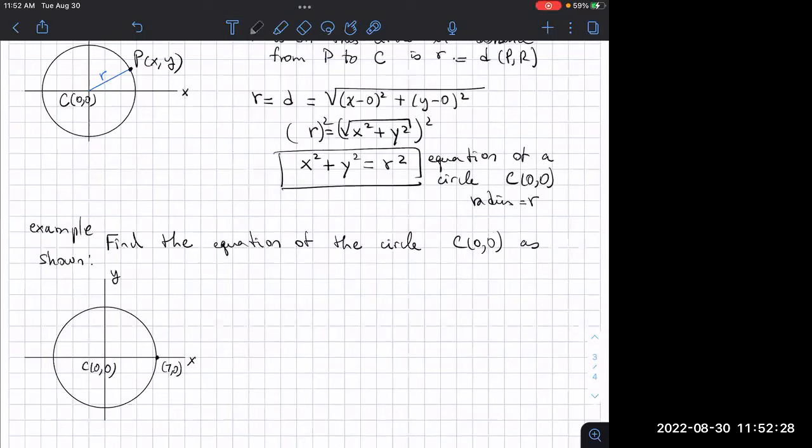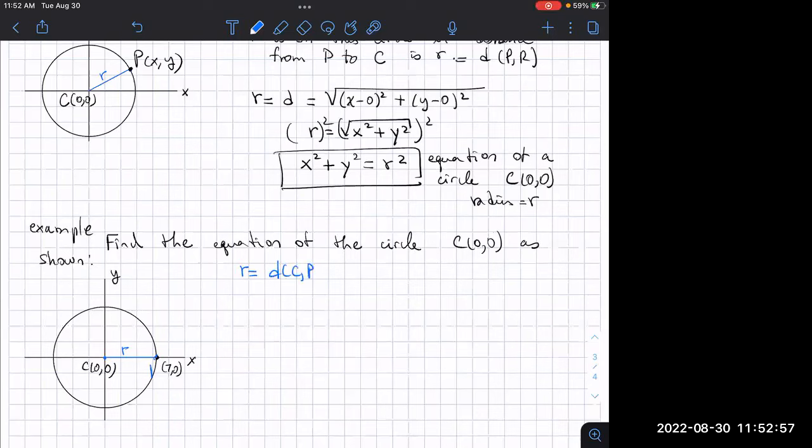So if I'm given the point 7, 0, then I could find the radius of the circle, right? What is the radius of the circle? The distance between C and the point.